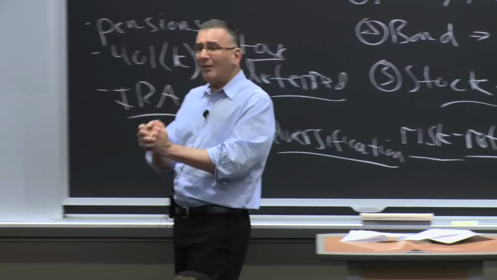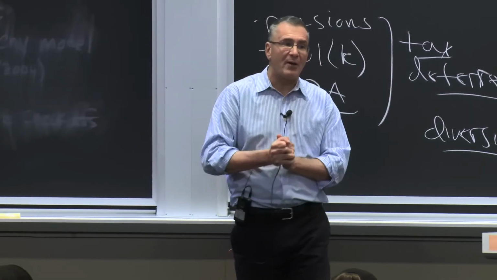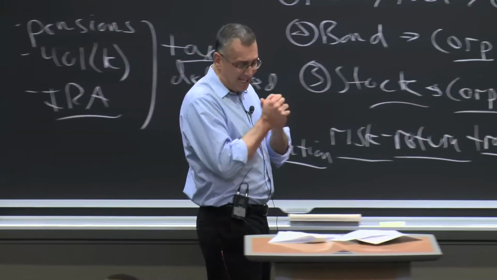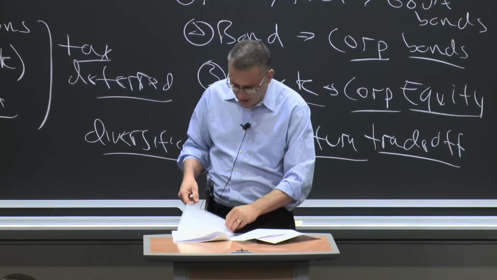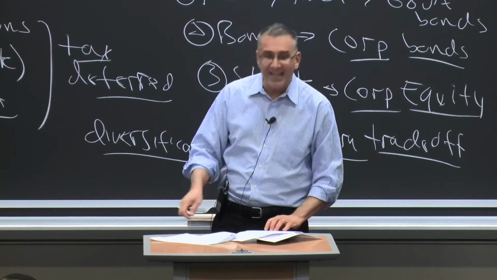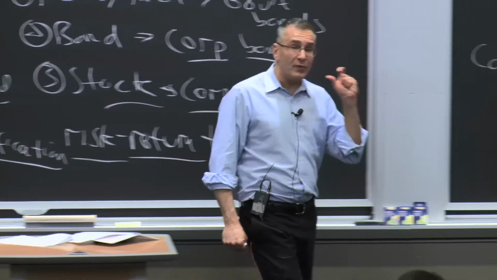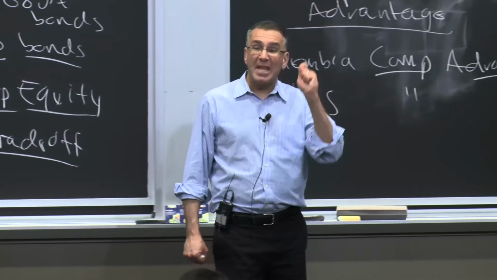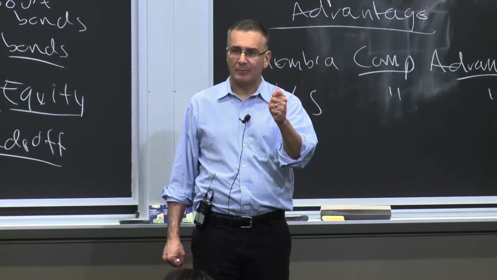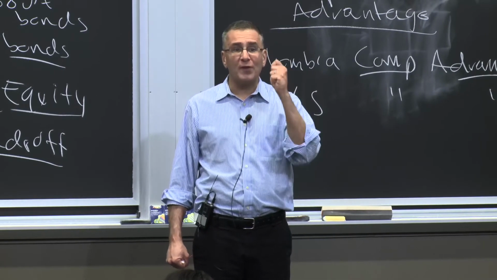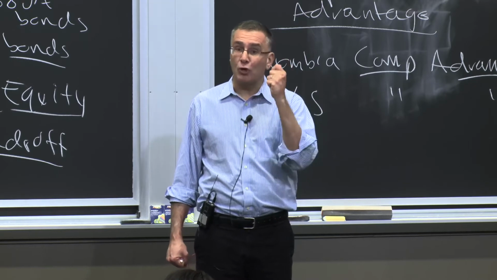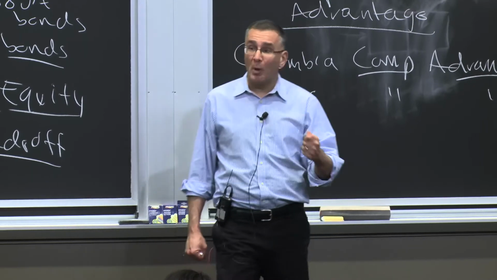Okay? Comparative advantage is all about what you're relatively better at. And the key insight of international trade is that in a world of comparative advantage, people should always specialize.